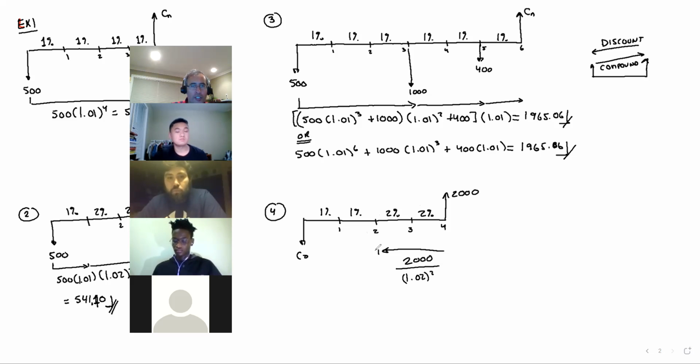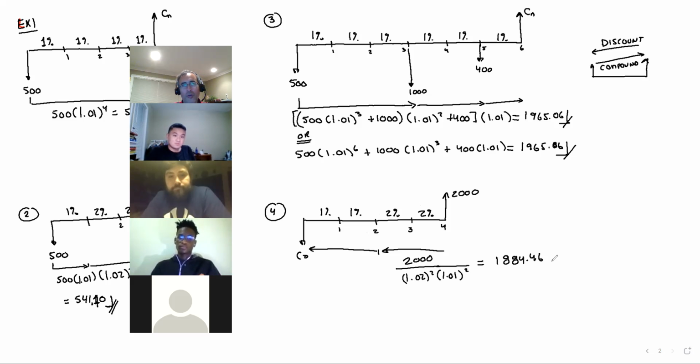Then from here, I discount these 2 more periods. At what rate? At 1.1, 2 periods. And then what do we get? What is this number? 1,884.46. Someone can confirm? Confirm. Perfect.